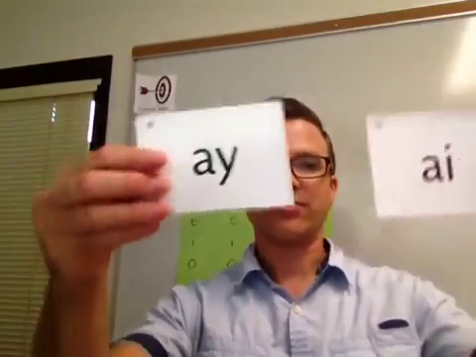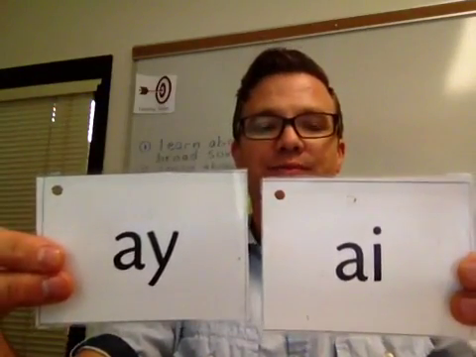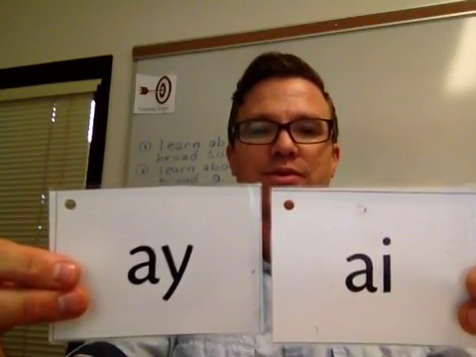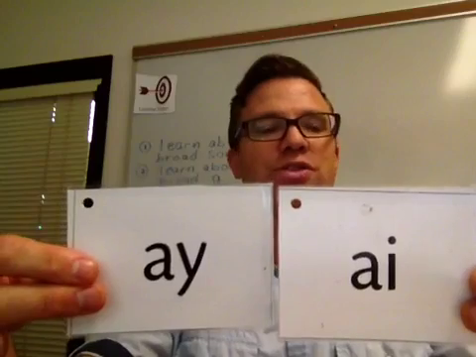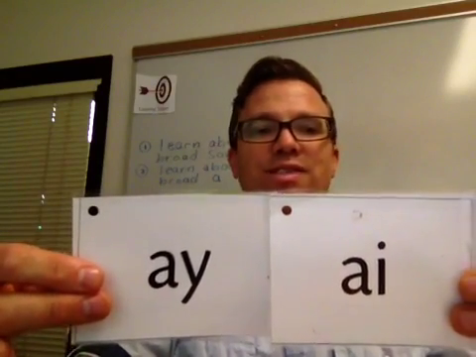So check out our sounds. These are our new sounds for this week. What do you notice about both of these phonograms? Do you notice they both have an A at the beginning? What do you notice that's different?